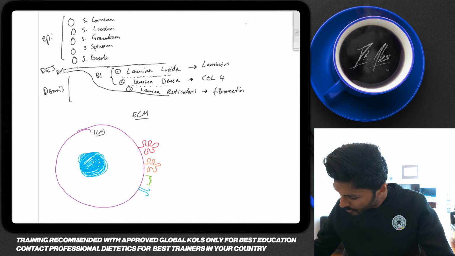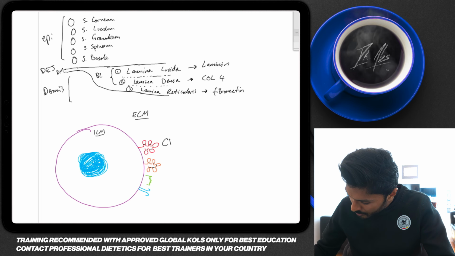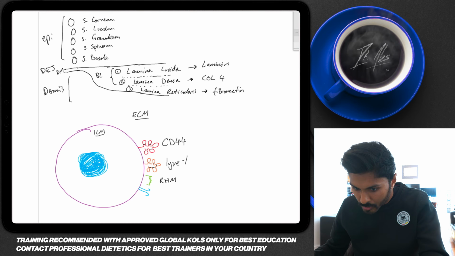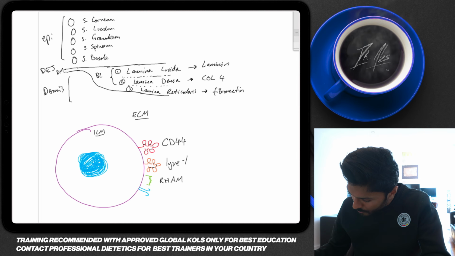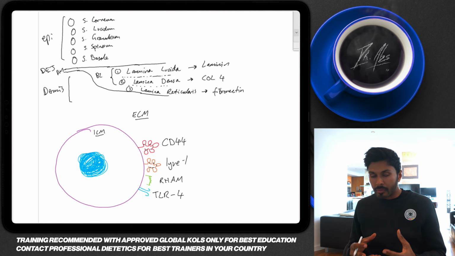Just draw the links on these. So here we have CD44. Here we have Live 1. RAM. TLR4, okay.